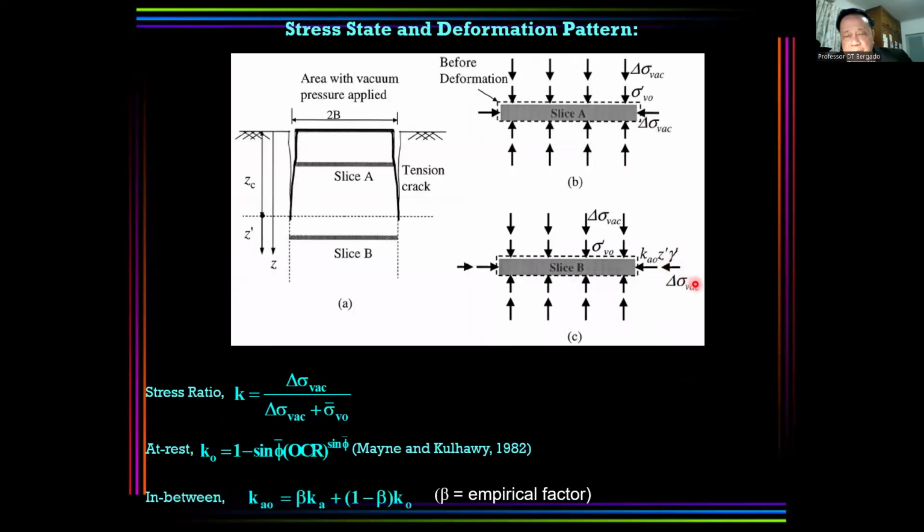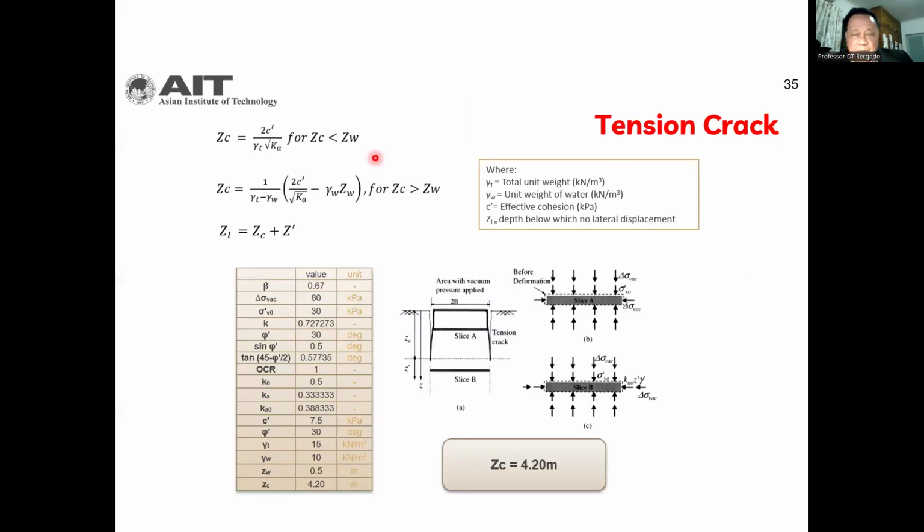So if the vacuum exceeds the loading from the vertical loading and horizontal loading, then we have tension cracks. The tension cracks are always there because the surcharge is always lower than the vacuum pressure.